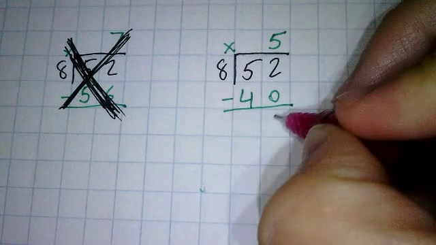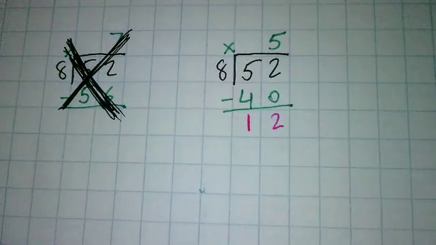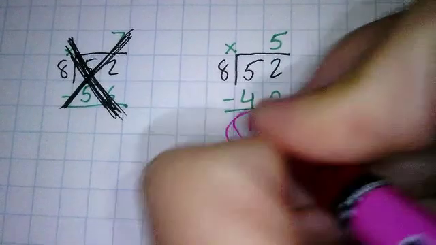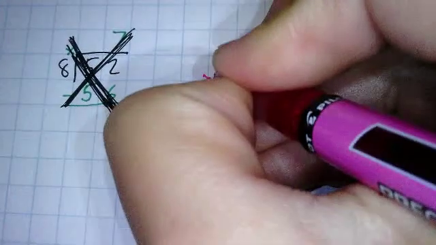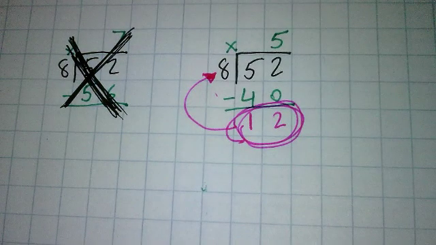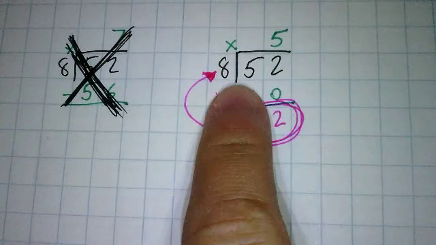I get 2 minus 0 and 5 minus 4, and I get 12. Remainder 12. No, because if your remainder is bigger than the number you're dividing by, then you made a mistake. I'm dividing by 8, right? 52 divided by 8, yeah?